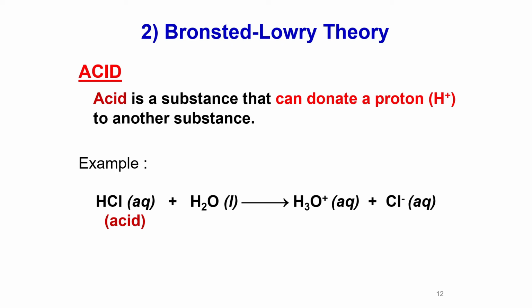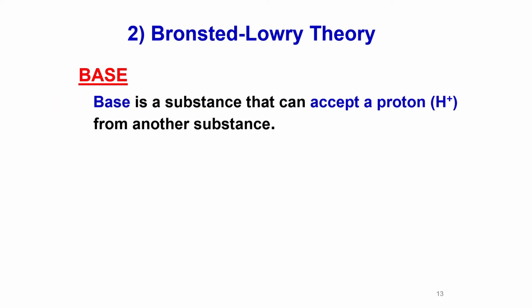HCl will donate H plus to H2O, so HCl is the acid and H2O is the base in this definition. According to Bronsted-Lowry, a base is a substance that can accept a proton from another substance.